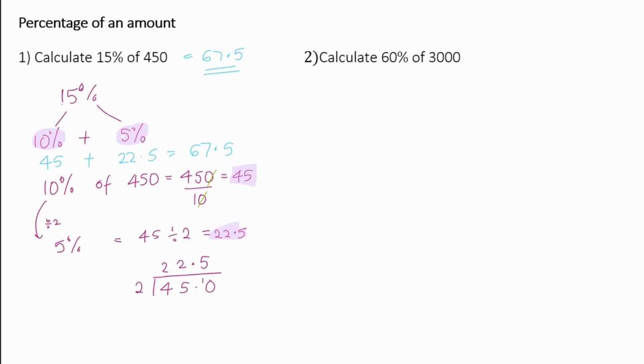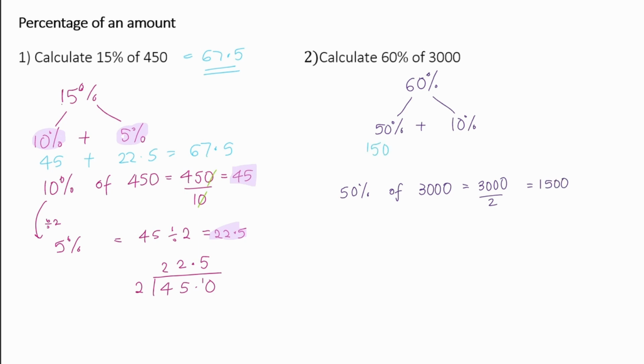Number 2 says calculate 60% of 3,000. So to find 60% of any number, we can first find 50% and then find 10% and add that on. So 50% is a half. So to find 50% of 3,000, we can just do 3,000 divided by 2, which gives us 1,500.